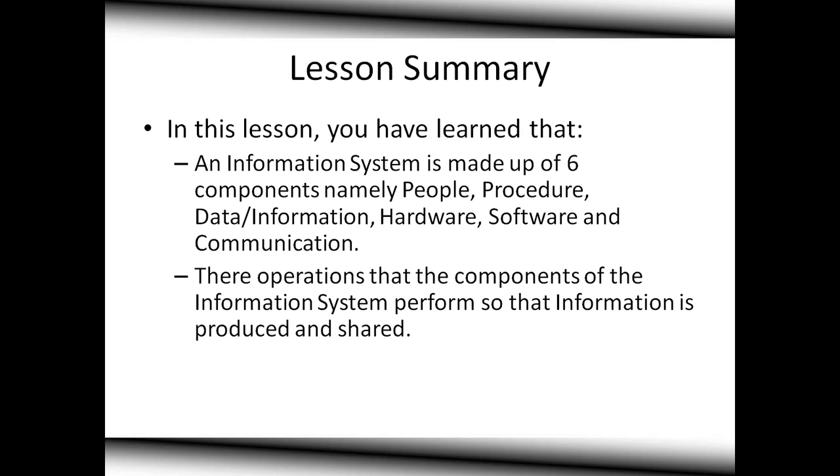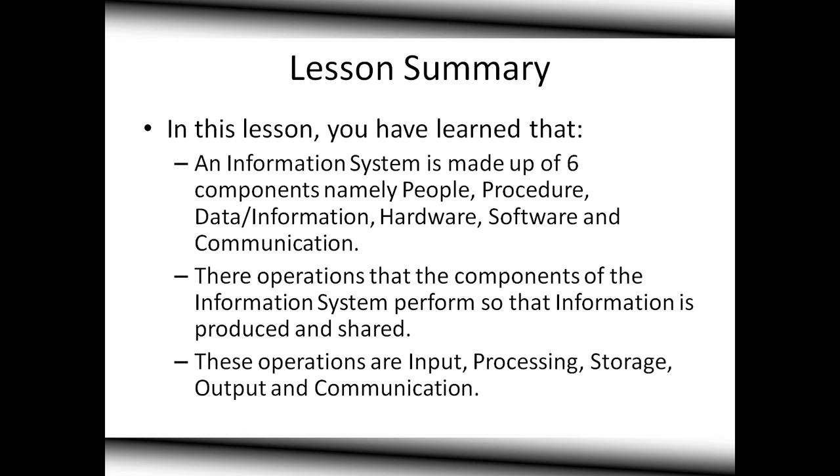We also learned that there are operations that the components of the information system perform so that information is produced and shared. These operations are input, processing, storage, output, and then communication. Alright, so that ends our lesson for today.